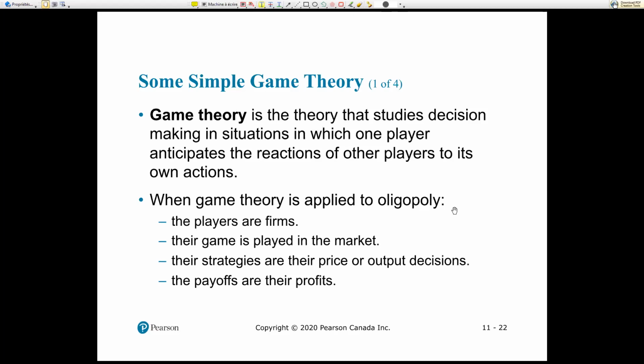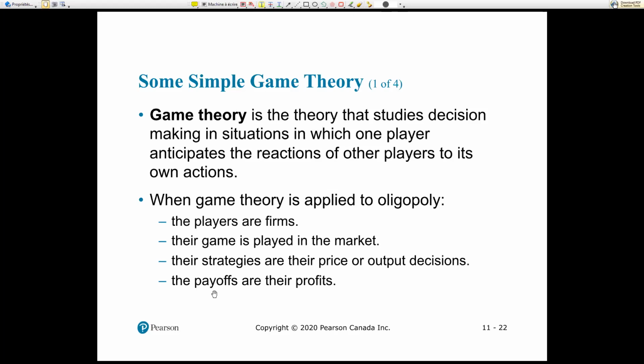All right, so what is a game? A game is populated by players who have different actions, or different strategies, that they can take. As a result of the strategies played by all the players, each player receives some payoff.